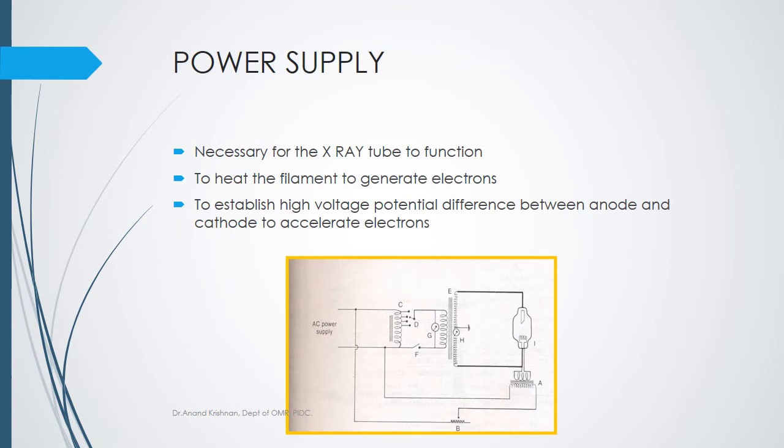And moving on to the power supply, like I told you, the power that is sent through the cathode is necessary for the X-ray tube to function, because we need to produce thermionic emission: to heat the filament to generate electrons, and to establish a high voltage potential between anode and cathode to accelerate these electrons, because they have to go all the way from cathode to the anode and strike the anode enough to produce X-rays.